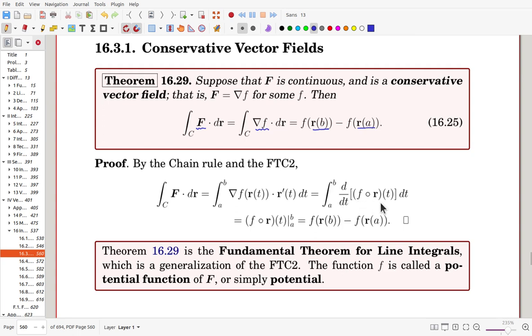You can easily check this. By using part 2 of the fundamental theorem of calculus, you can reach this final result. The theorem is the fundamental theorem for line integrals, and here f is called a potential function of F, or simply potential.